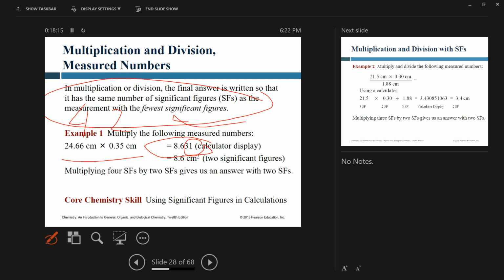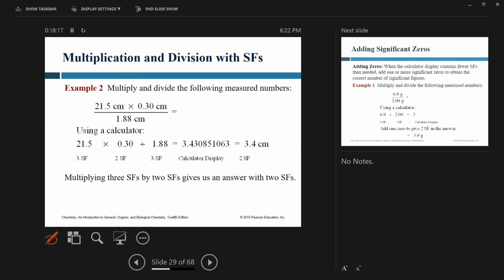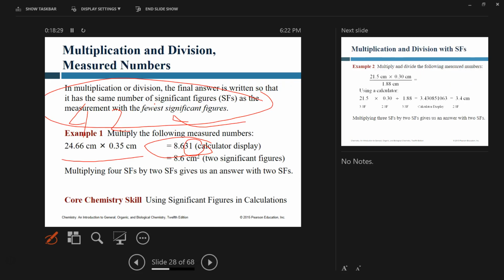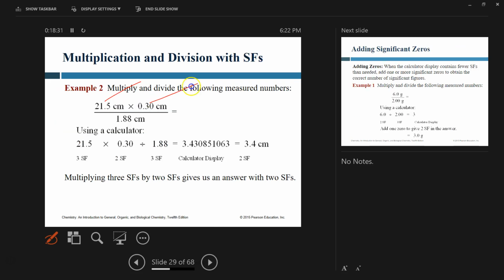Moving on. So that's the example of 3 numbers. How many significant figures? 3. How many in the second one? 2. How many in the third one? 3. That's your calculator result.